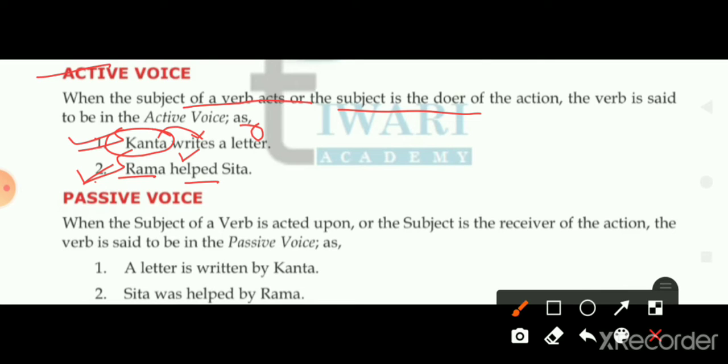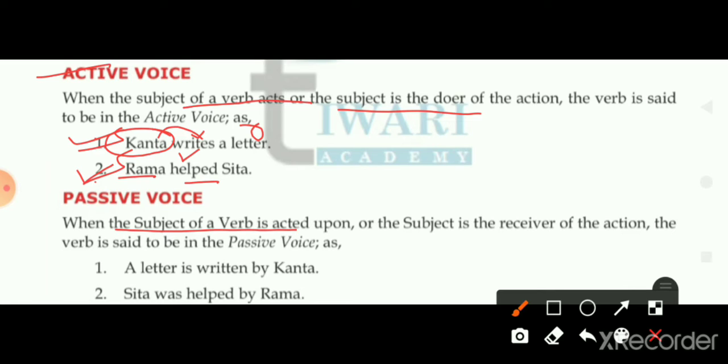Okay, now let's see what is passive voice. Children, what is passive voice? Passive voice is when the subject of the verb is acted upon, or is the receiver of the action.